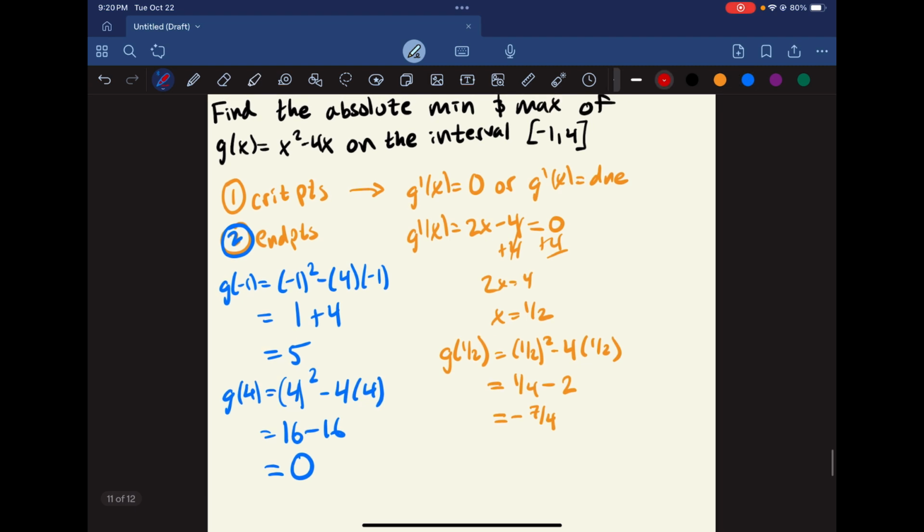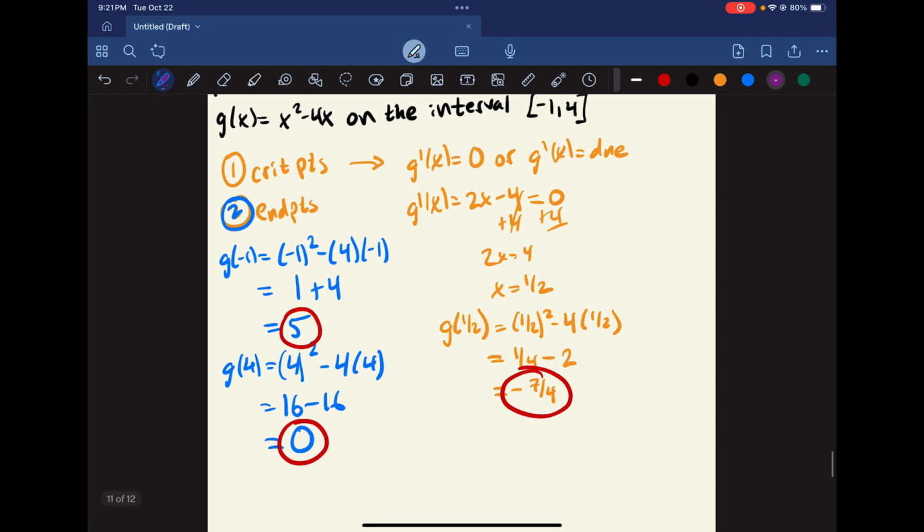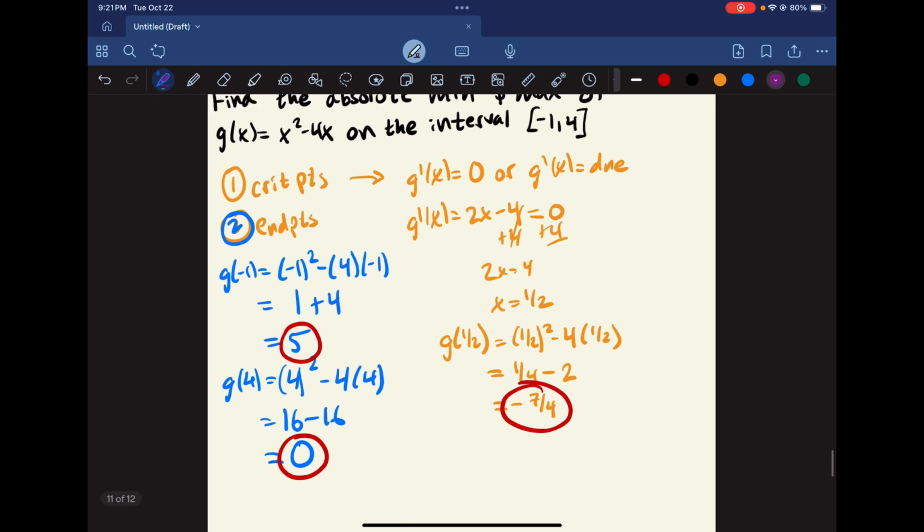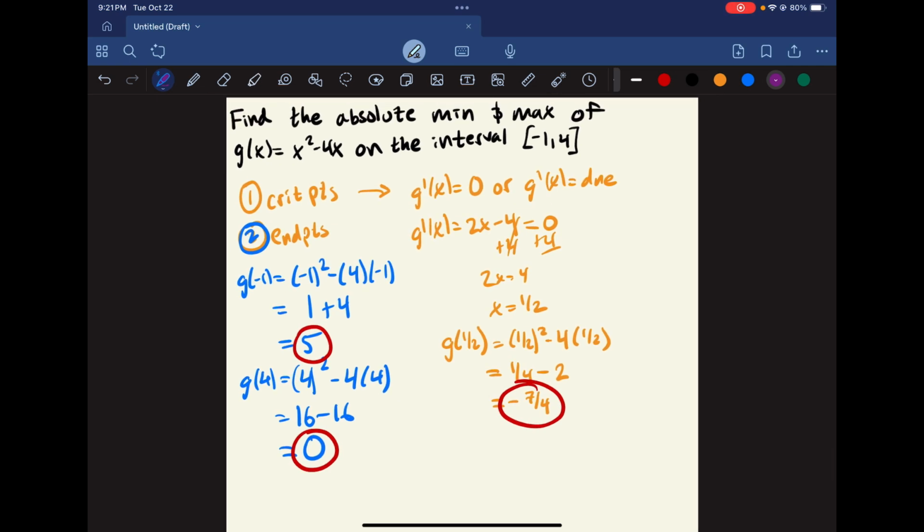So now we've got these three y values. We've got 5, 0, and -7/4. So the greatest of these values is going to be our absolute maximum on this interval. And that is going to occur at g of -1.